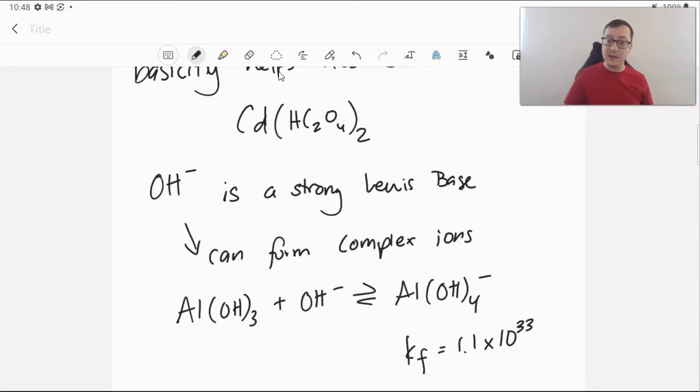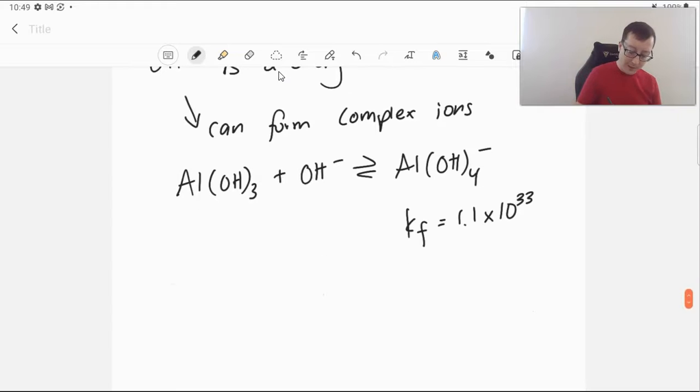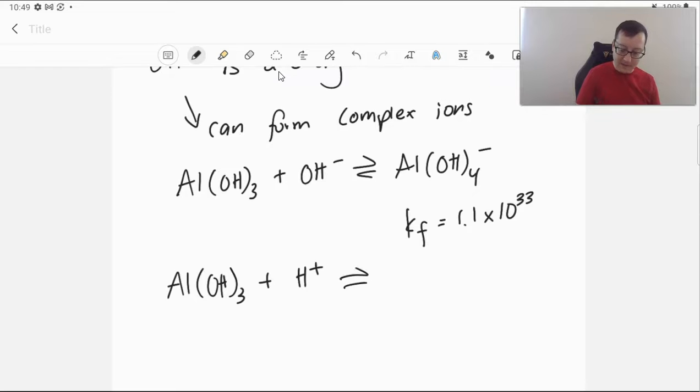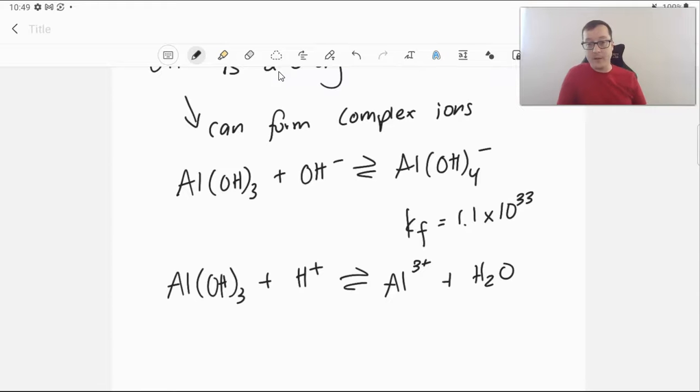And because aluminum hydroxide has hydroxide on it, it will also dissolve in acidic solution, interestingly enough. If you add H plus, you're going to be making aluminum ions and water. So that's also favorable, right?